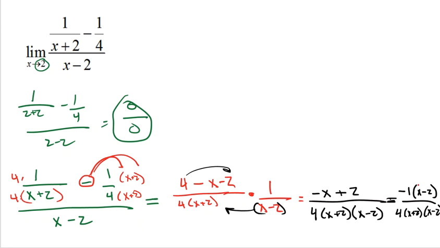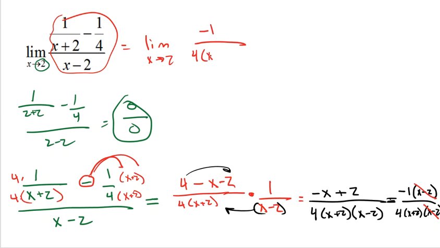Now, check this out. The factor x minus 2 and the factor x minus 2 are going to cancel. So after they cancel, I have turned this crazy, ugly function into something so much nicer: negative 1 over 4 times x plus 2. Again, it looks very different, but all I did was algebra, and as long as you're doing the algebra correctly, it might look different, but it's not different.